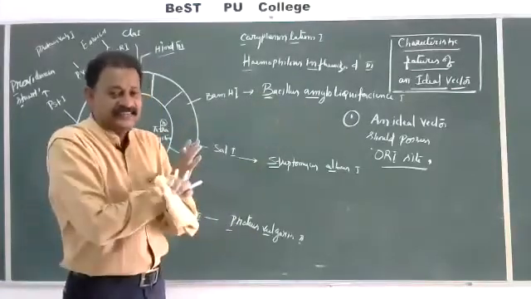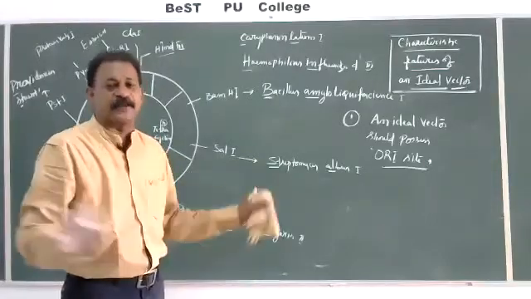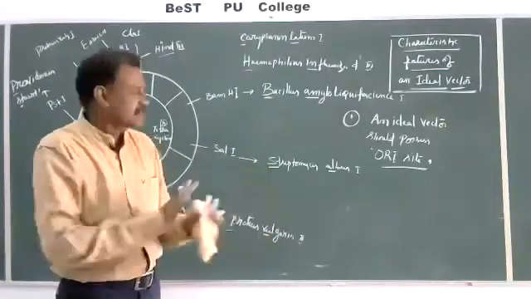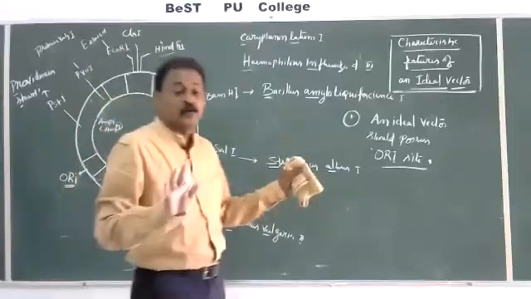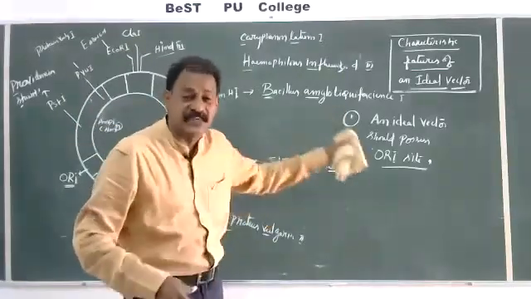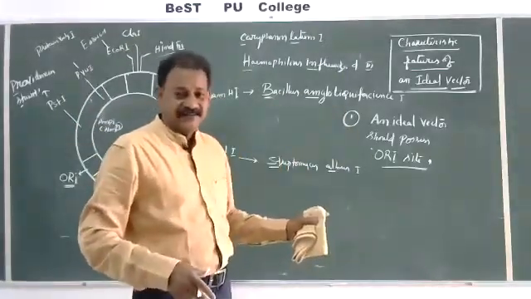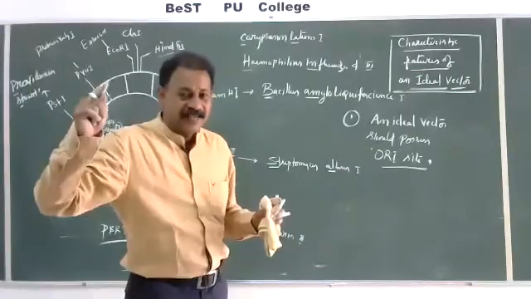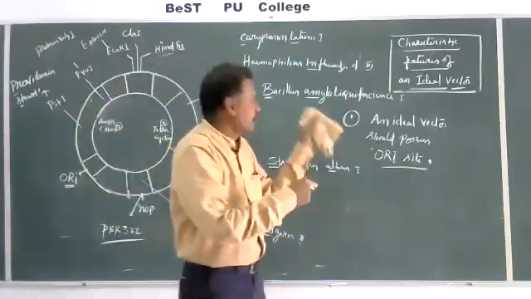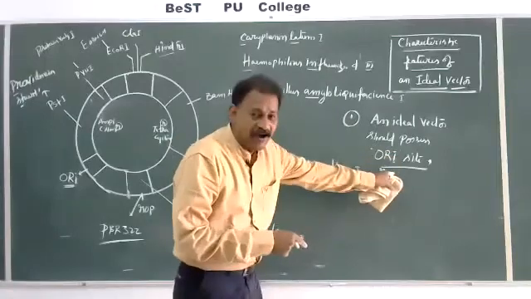If the RE site is not there, it means no replication initiation, no chance of rDNA technology, no chance of multiplication of this gene of interest. So any gene has to be linked with a plasmid which has an RE site.